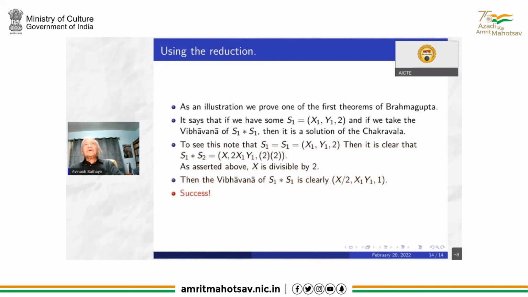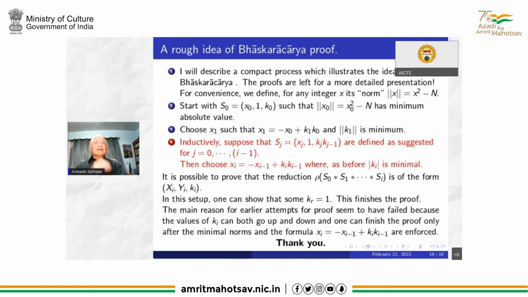So what Brahmagupta did is found the first few solutions, and later on it turned out that for the final answer, it's enough to take multiples of x1, and you don't need a different value for y.